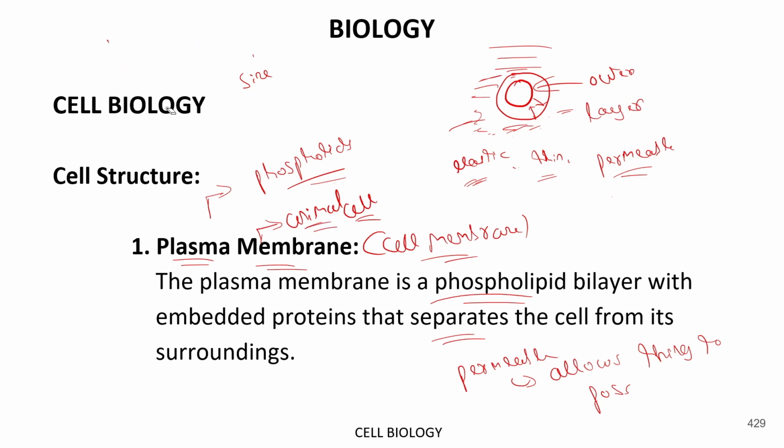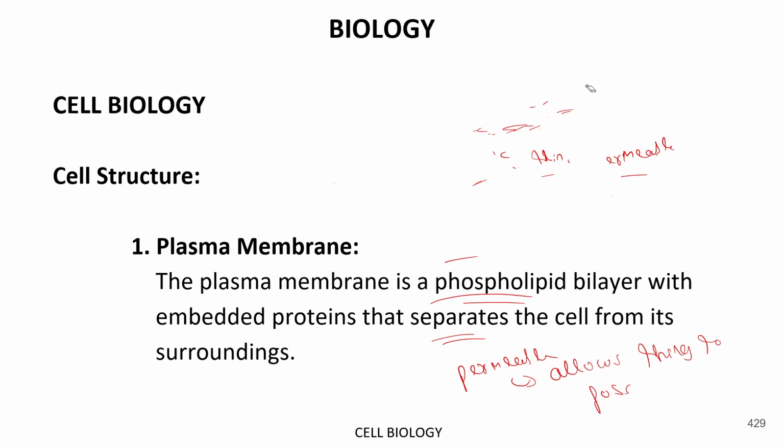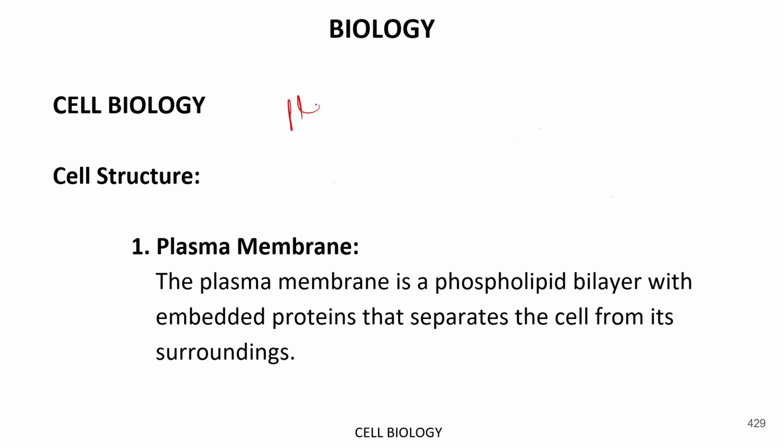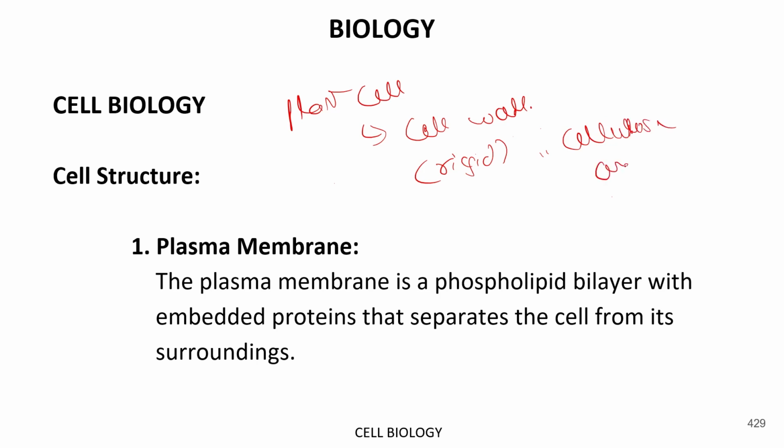So what about the plant cell? For plant cells, we have a cell wall, which is rigid, okay, and which is formed of cellulose and chitin.